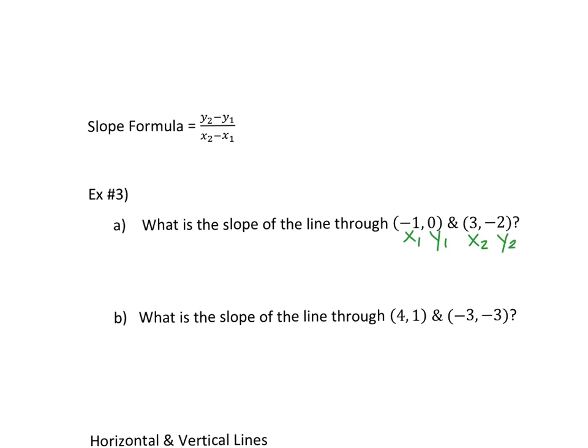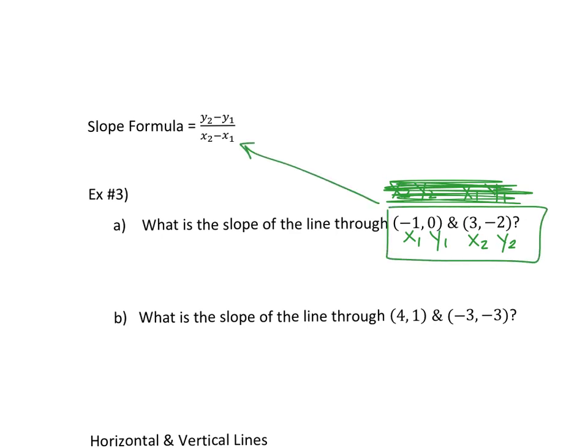Now, here's the beautiful thing about this. It doesn't matter which ones are your 1s and which ones are your 2s. I could call this x1, y1, and then this would be x2, y2, but I cannot put a 1 and a 2 together, okay? So we're just going to do it the way I initially wrote it. We're going to take that information and plug it into that formula. So if it's y2 minus y1, what's y2 right now?